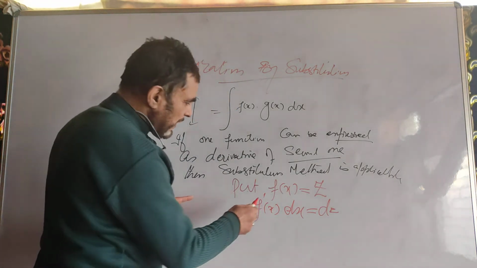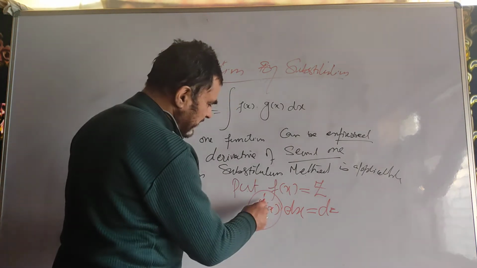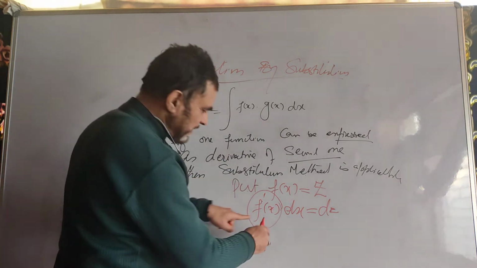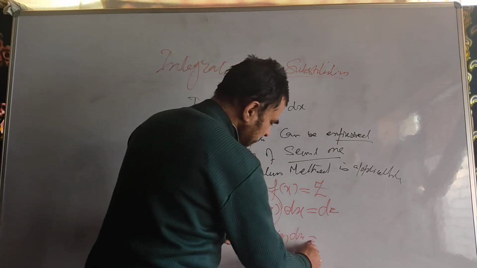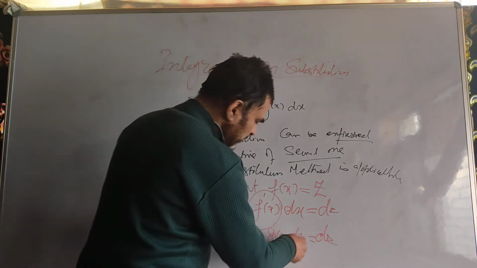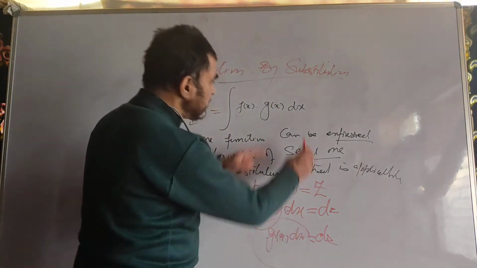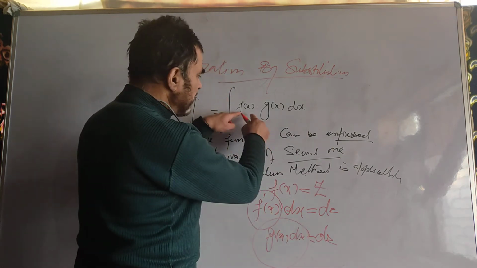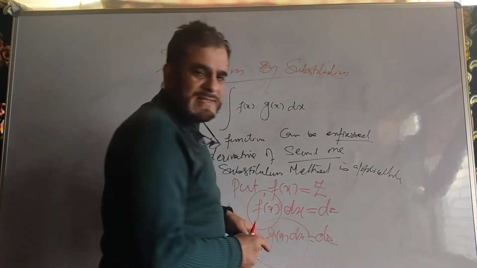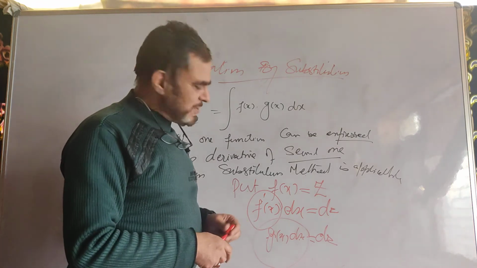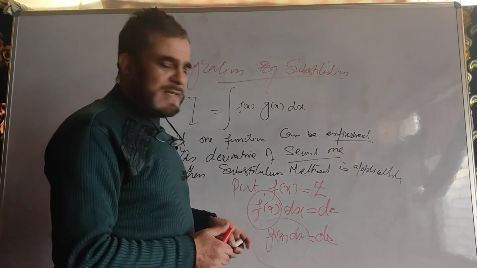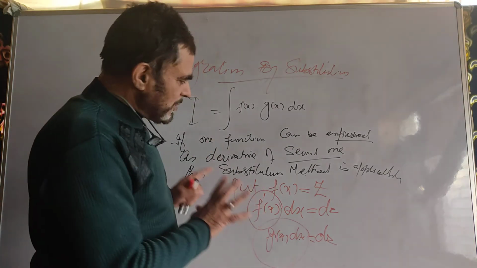Now f'(x) is g(x), so you can write g(x) dx is dz. So you replace g(x) dx by dz, and you replace f(x) by z. So variables are changed, and you can integrate by the substitution method. This is what the substitution method says.